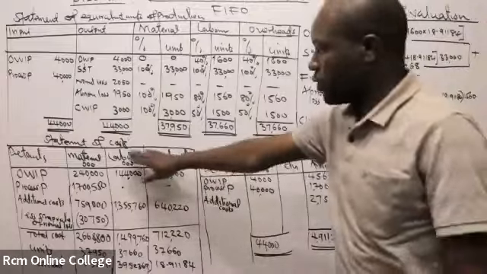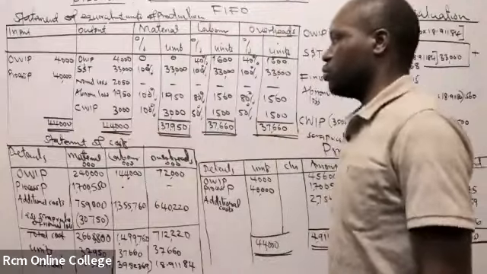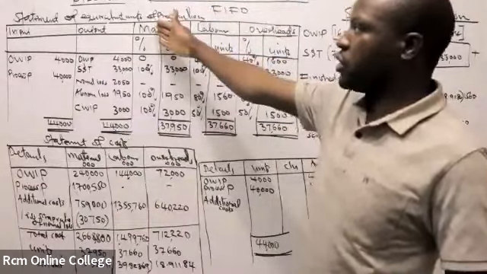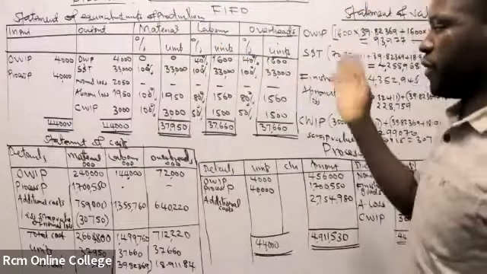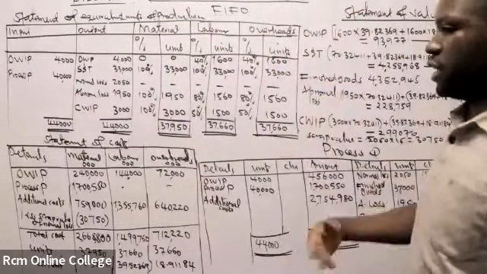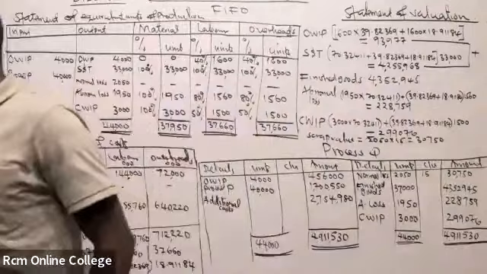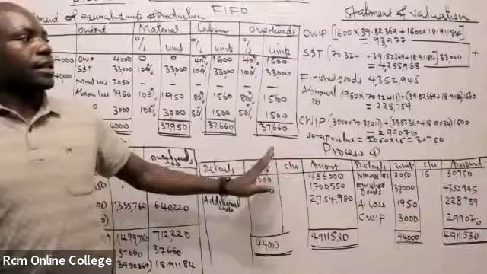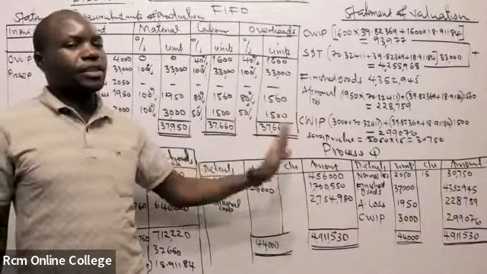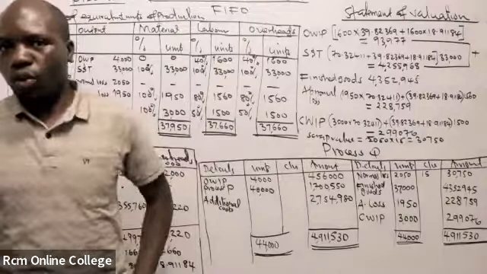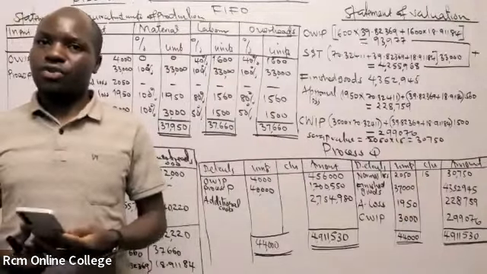Then statement of cost, that's a common thing. That one has to be there, even in previous sittings. Statement of equivalent units of production has to be there even in the previous sittings. Process account has to be there. Now, I decided to do this question and capture everything that you might be asked to do. Can we now go to the required and see if you can do anything?